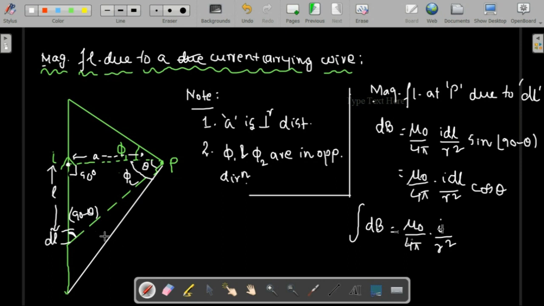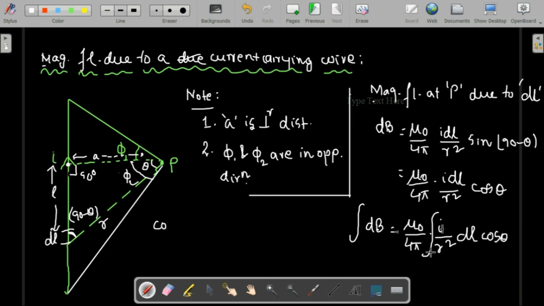So this is our r. If you look into the diagram for Biot-Savart's law, this is our r, so we can write it down as r square. Let me just keep these things inside here, dl cos of theta. I is also constant, we can take it out later. But let's find out what these components are.